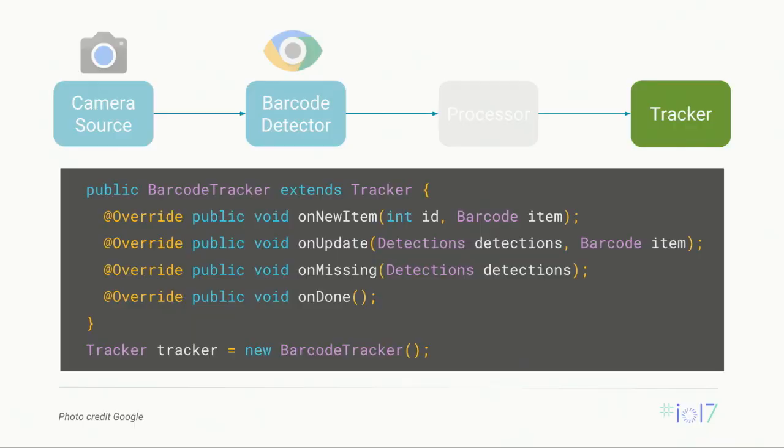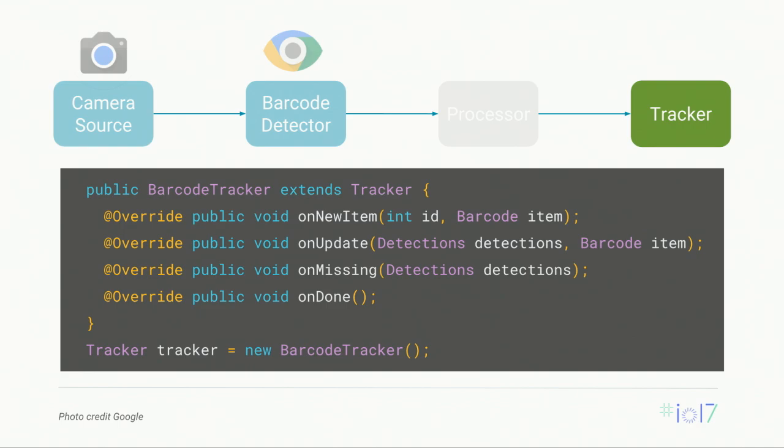An update is called usually on every single frame when you get an update location for the detected barcode. So in your example for the overlay, this is where you want to update your location. On missing is called when a tracked barcode is missing for a couple of frames.